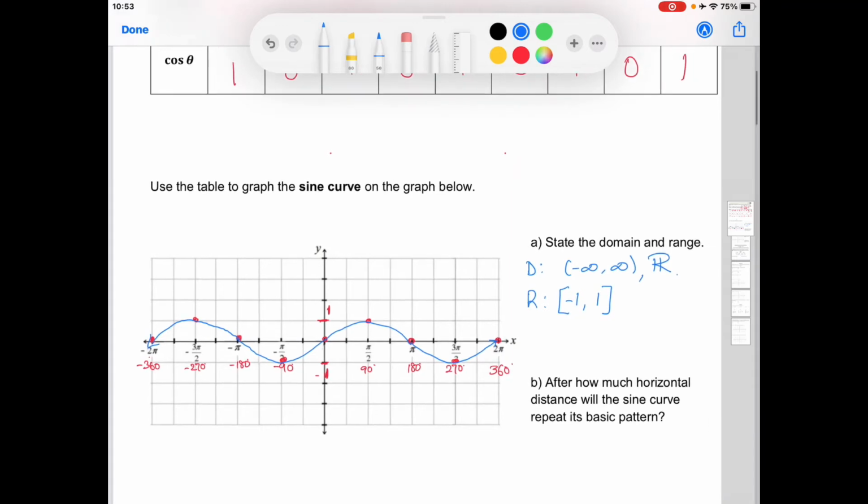Another thing I want you to understand before we answer B is, look at your sine curve. I'm just going to highlight it. If I trace the positive side of the sine curve, where is it starting? It starts at your midline, right? Would you agree that this is the midline? It's halfway, it cuts the sine graph in half. So it started there, and then it goes where? To its maximum. Do you agree that 1 is your maximum?